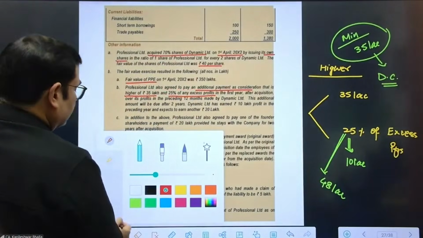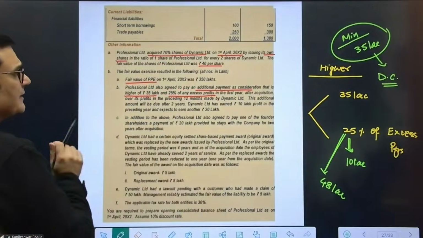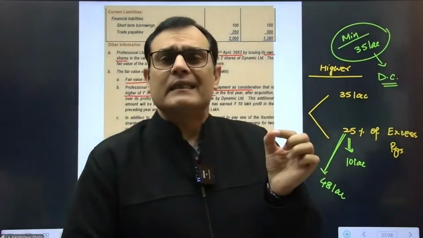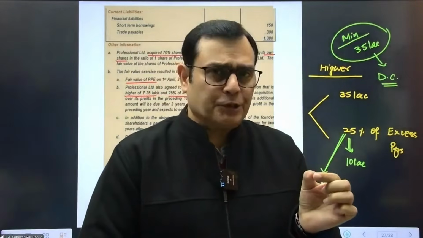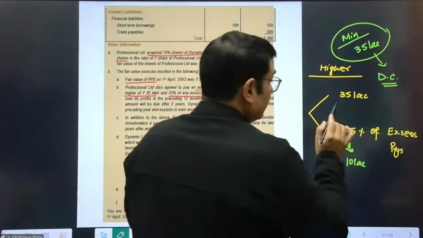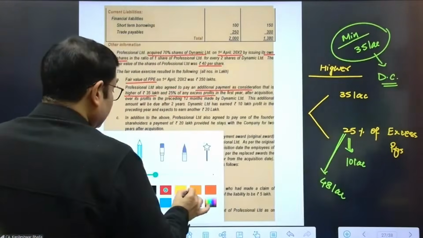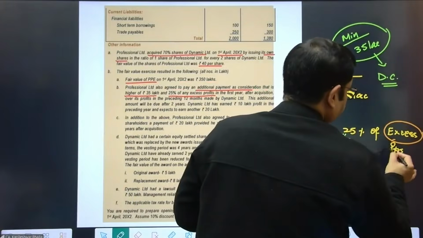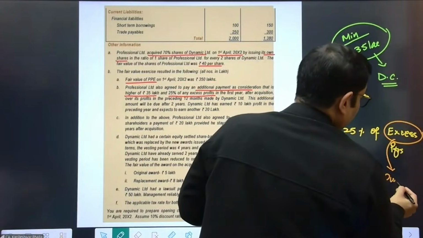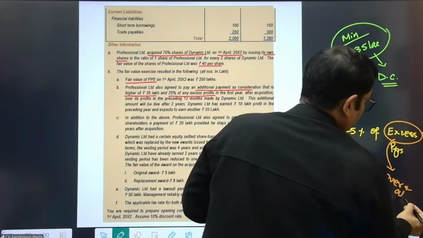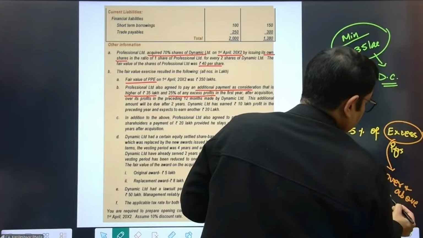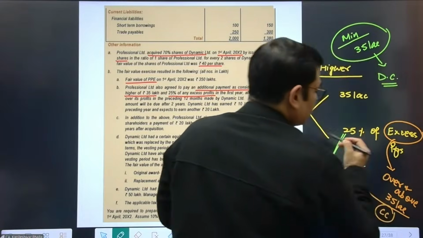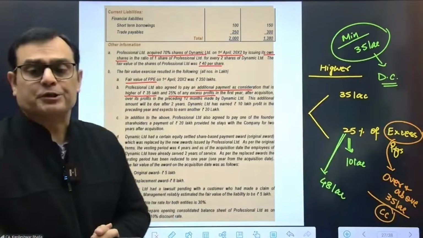So can I say that if there is any excess payment over 35 lakhs, that is contingent in nature? So if you get any excess that is over and above 35 lakhs, then we can say that is contingent consideration in nature.